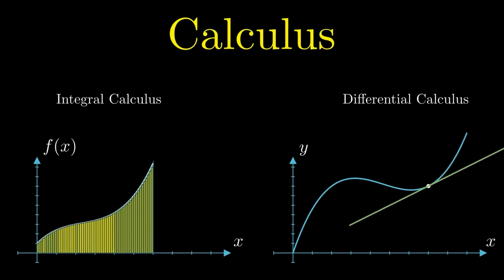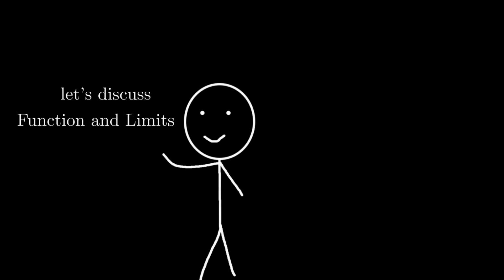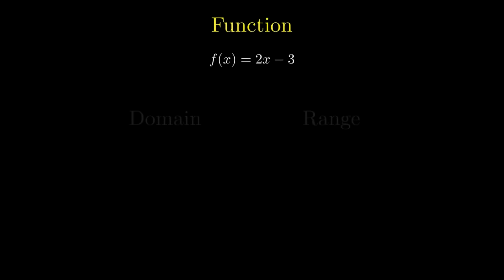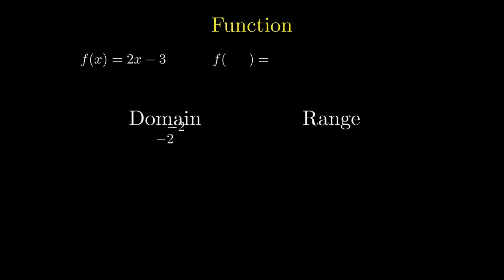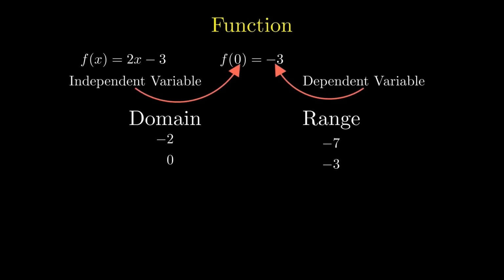Before we begin, we must discuss some major parts of calculus: functions and limits. A function is a mathematical relationship between a set of inputs, the domain, and a set of possible outputs, the range. It is a way of assigning each input exactly one output. The input is called the independent variable, and the output is called the dependent variable.